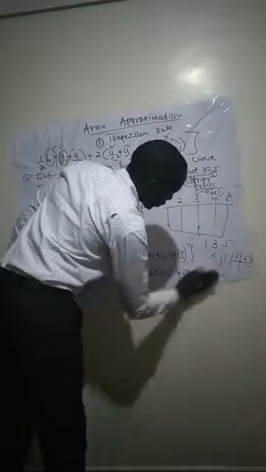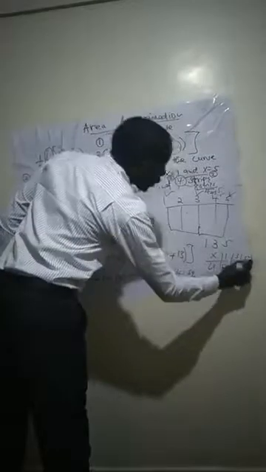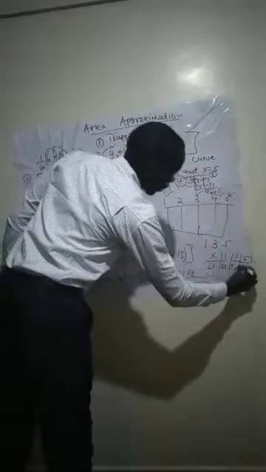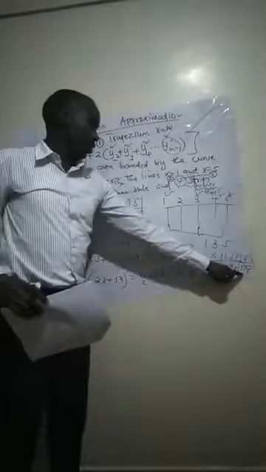Y will be the corresponding values of y. For 1 it was 5.5, 3 is 9.5, and 5 is 17.5. So your y1 will be 5.5, yn 17.5.